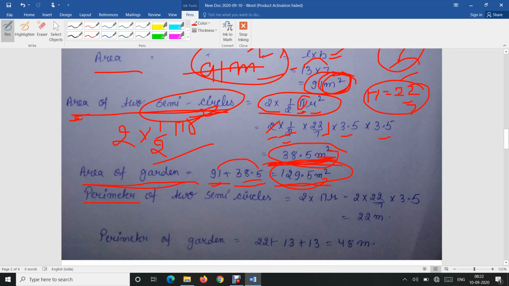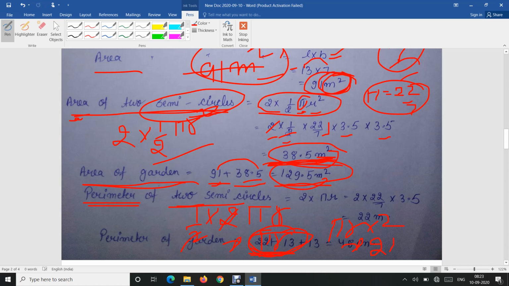We know that the perimeter of a circle is 2 pi r, and here we are talking about semicircles, which means half of the circle. So we can divide it by 2, so we can cancel this 2 with this 2. Now the perimeter of one semicircle is pi r. So we can find the perimeter of two semicircles by multiplying this pi r by 2.